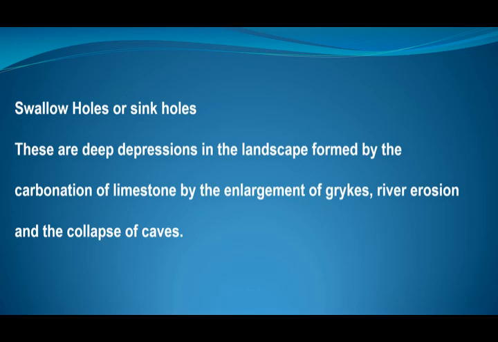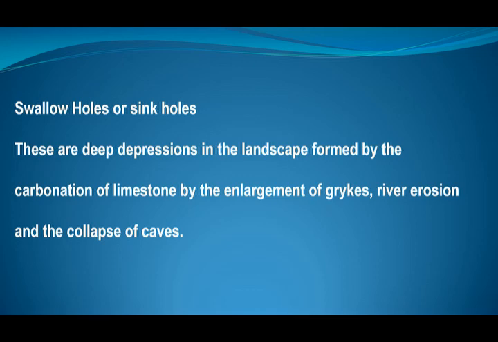So that is one way by which a swallow hole or sinkhole is formed, when a river erodes a fracture along the bed, making it deeper and wider, and over time creating what we call a swallow hole, and eventually disappearing into the swallow hole underground. Right, so that's how a swallow hole is formed.